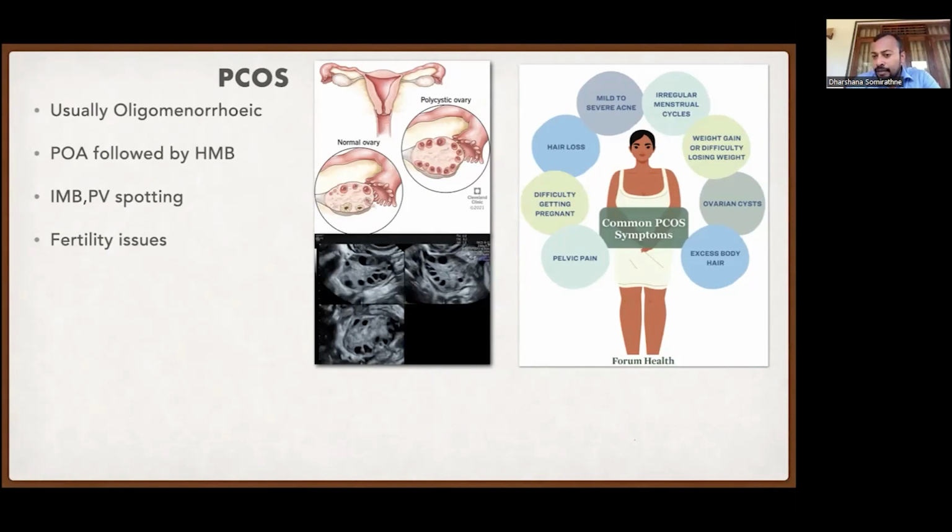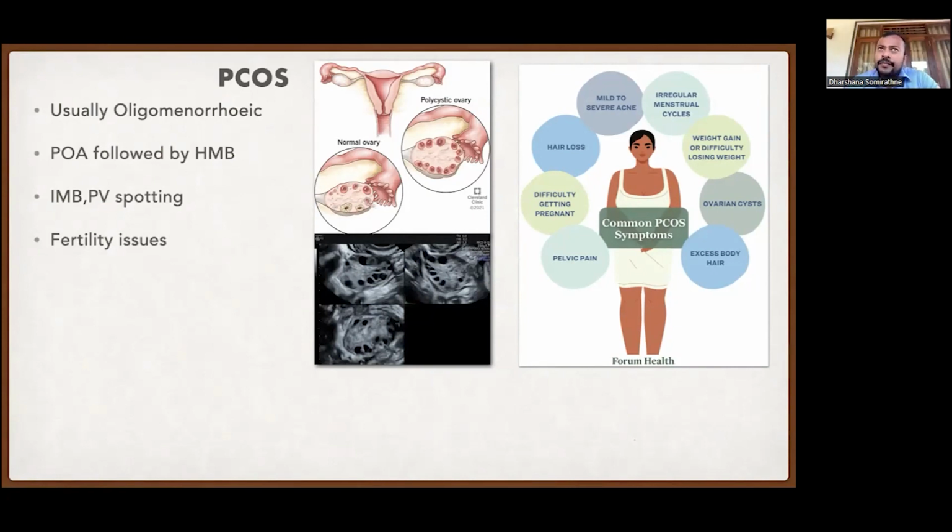You have to educate them about the disease and about dietary habits, especially a low-carb diet, and exercises. There are so many exercises we talk about today, HIIT exercises and aerobic exercises. I think the best thing is we can start combined oral contraceptive pills to regularize the cycles.